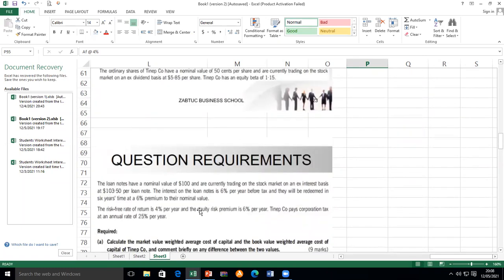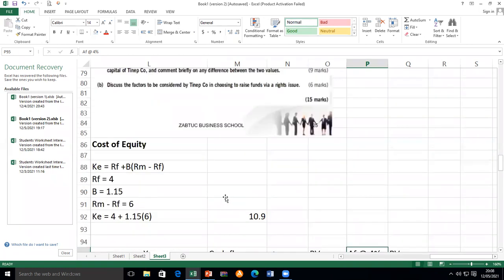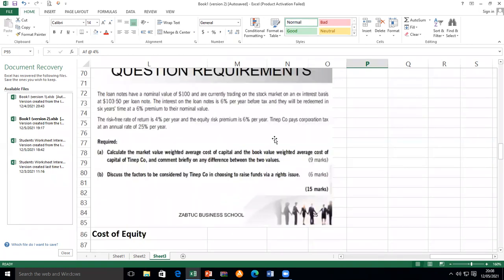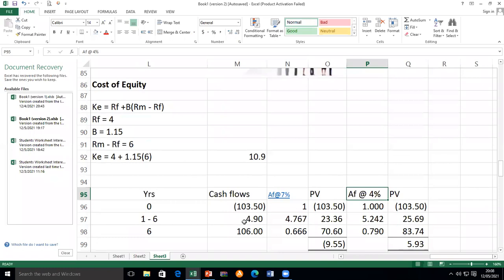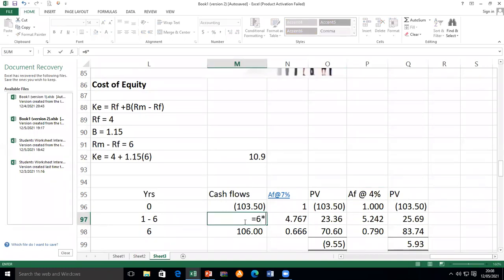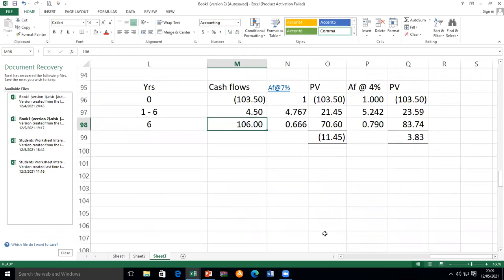This bond is trading at the coupon rate of 6%, and let's check the tax. The tax is 25%. So what is the net of tax interest? 4.5.